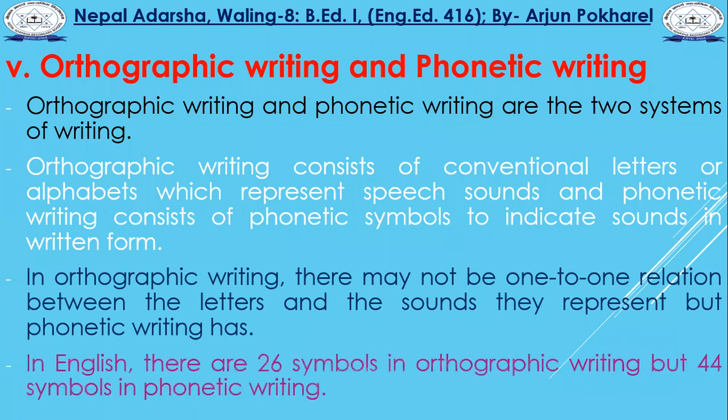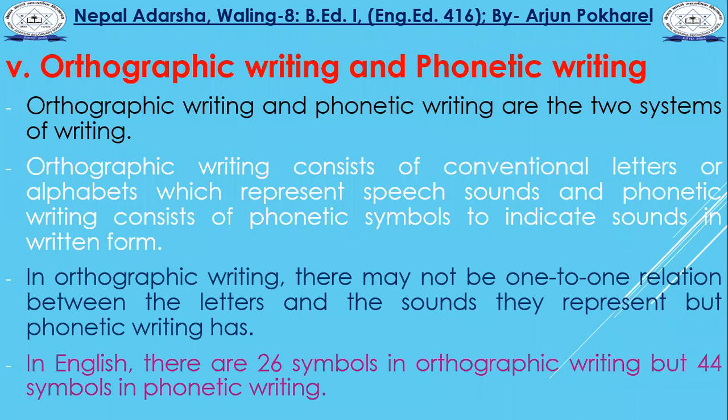As I told you before, it is not so difficult on your part as well. That's orthographic writing and phonetic writing. We have frequently done this in our physical classes as well.